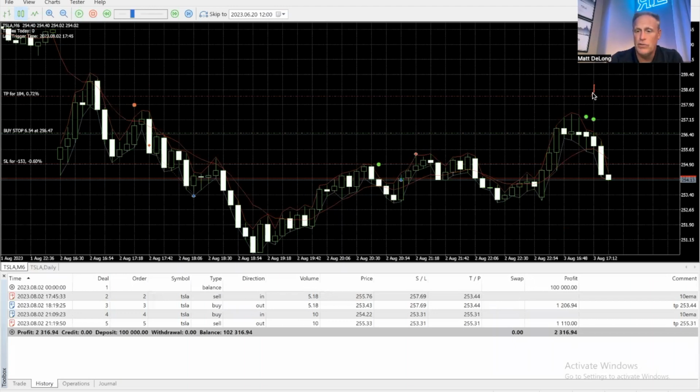Now, again, these trigger candles, these signal candles are coming in and we highlight them with a green dot above if it's a bullish trade waiting for a higher move, or a red dot, which signals a lower or bearish move. So in this case, we have an open order.